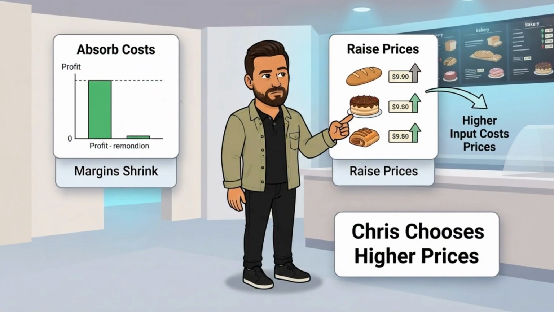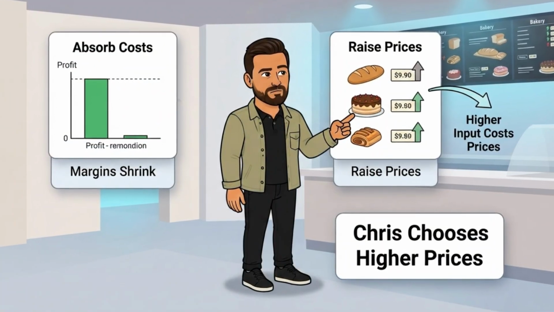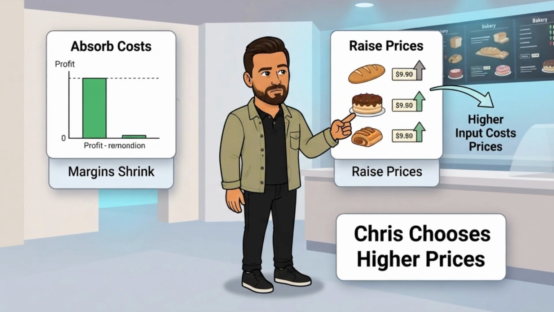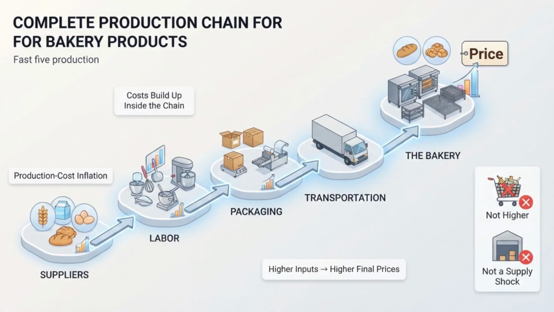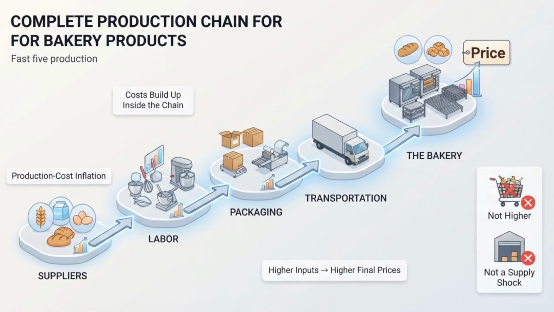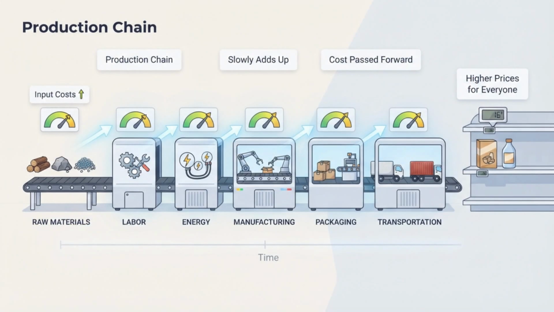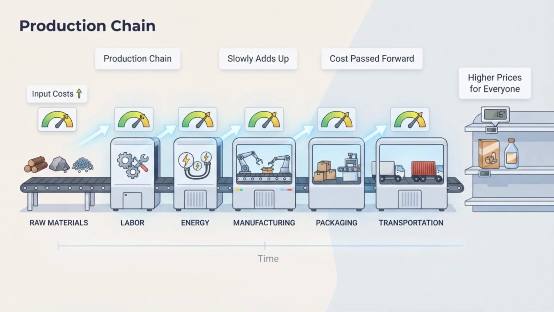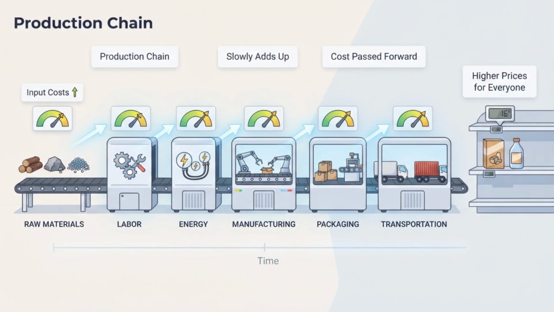Chris now faces a choice: absorb the costs and shrink his margins, or raise prices. He raises prices. This version of inflation is embedded in the production chain itself. It's not driven by consumer demand or a sudden supply shock. It's the slow, grinding accumulation of rising input costs that eventually surfaces as higher prices for everyone.